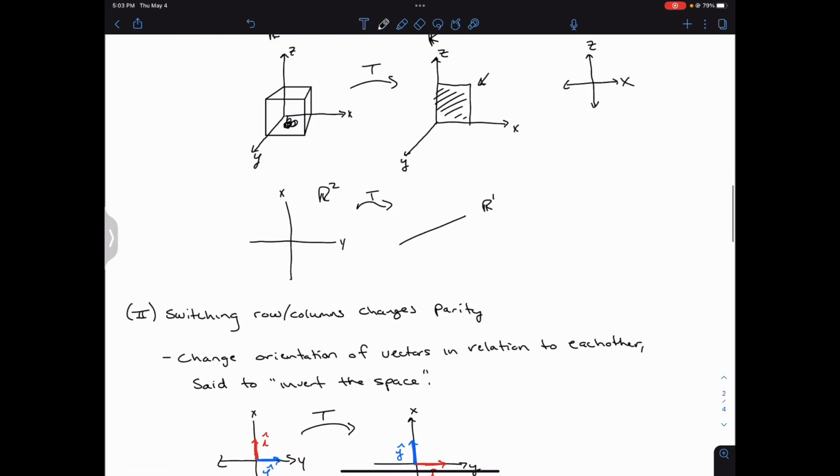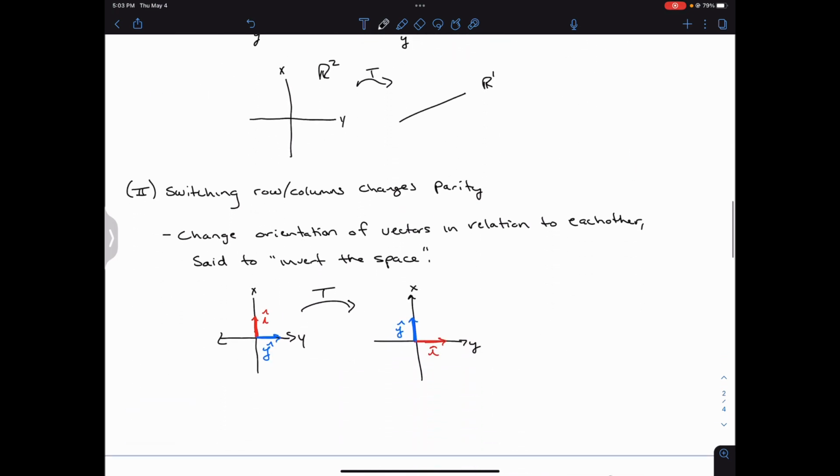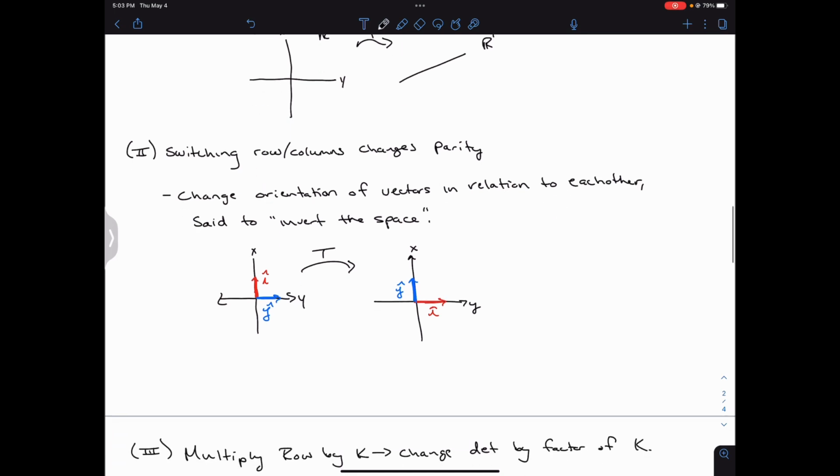The second one we want to discuss is why switching rows and columns changes the parity of the determinant. That is because it changes the orientation of vectors in relation to each other. That's also known as inverting the space. And I hope we talk more about the actual rotation process and how this inversion takes place, because to me, it seems like it would take place in a complex plane, but it might be beyond the scope.